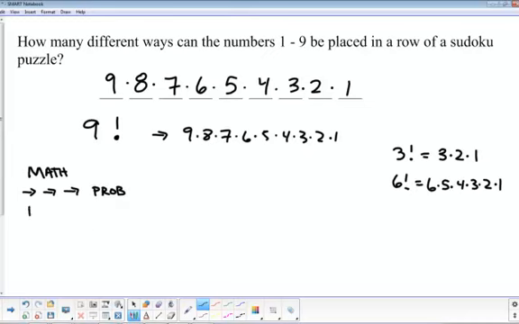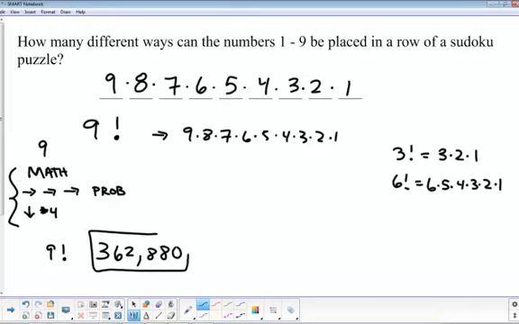And then you go down to number 4, and that's your factorial button. The problem is you have to put the number in first. So I would put 9, and then I would do all of this stuff. So 9 factorial in the calculator is 362,880. So that's how many different ways there are to do a Sudoku puzzle. That's completely blank.